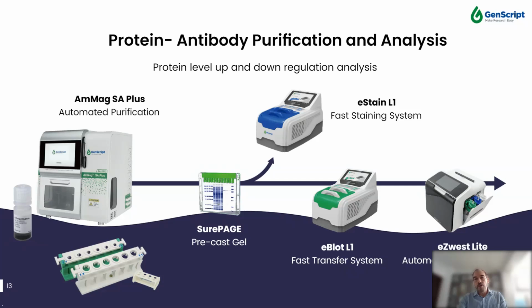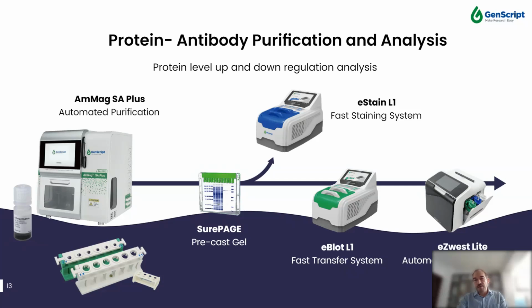We have also a lot of products for science. We have a very complete system for Western blotting. We have excellent gels with very high resolution, very cost effective, that can be used for protein separation. We have a device for staining of the gels, automated staining if that's desired.